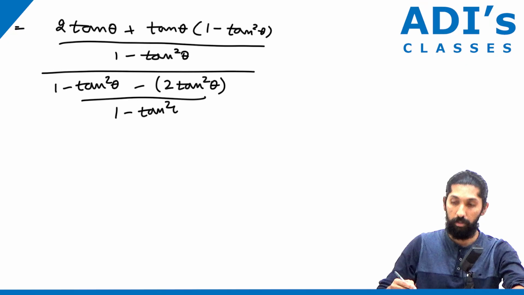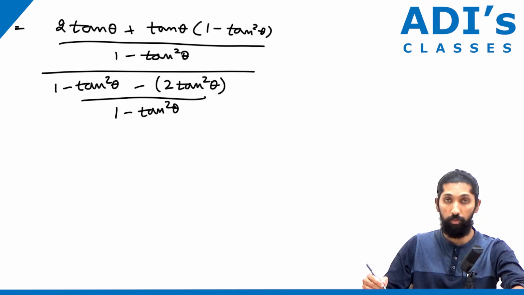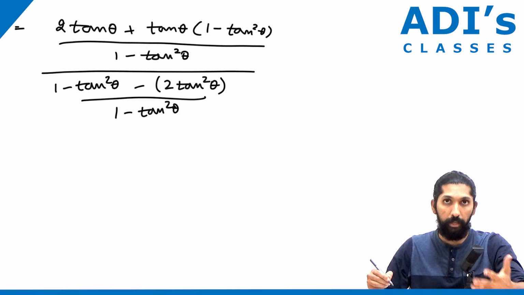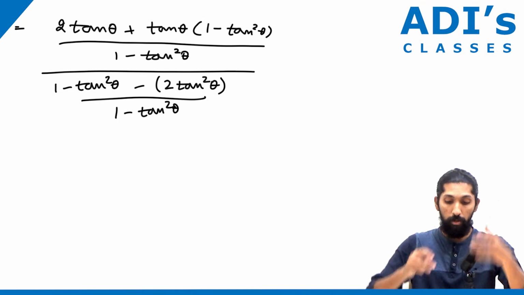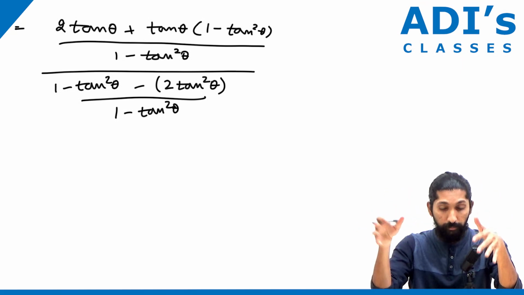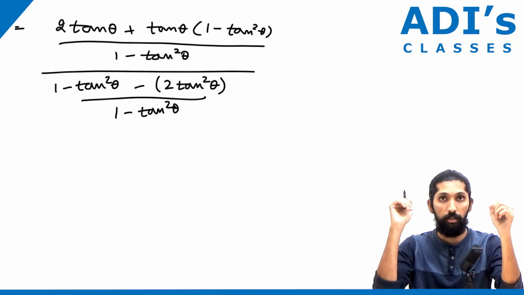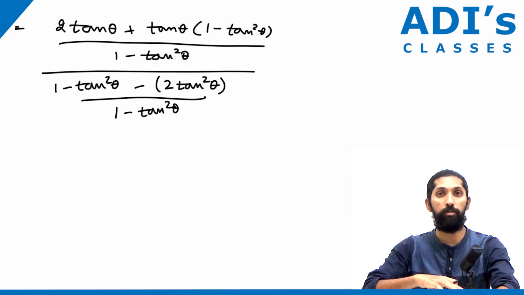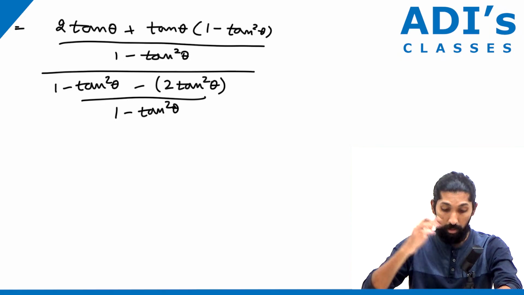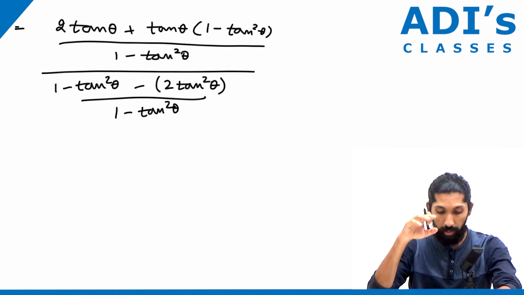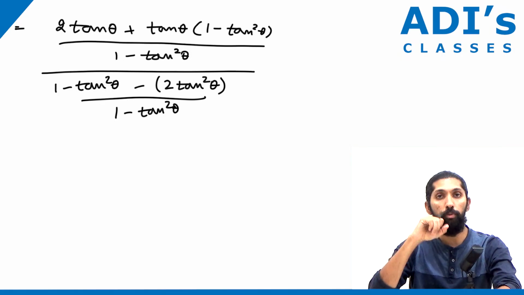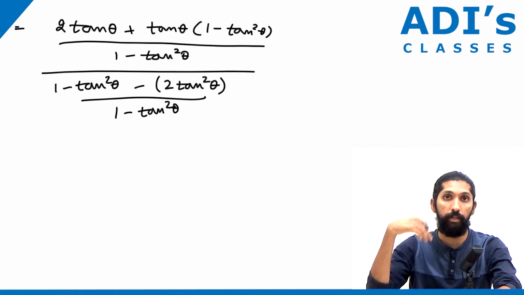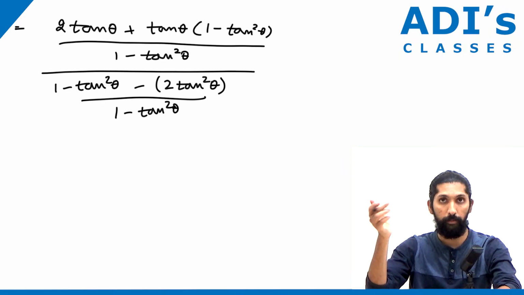Now I want you guys to go through this part again and again. So what we did was, first we took LCM in the numerator and we got this particular result. Then in the denominator also we take the LCM, and LCM is going to be 1 minus tan square. What do you get now? 1 minus tan square minus 2 tan theta into tan theta, 2 tan square theta.